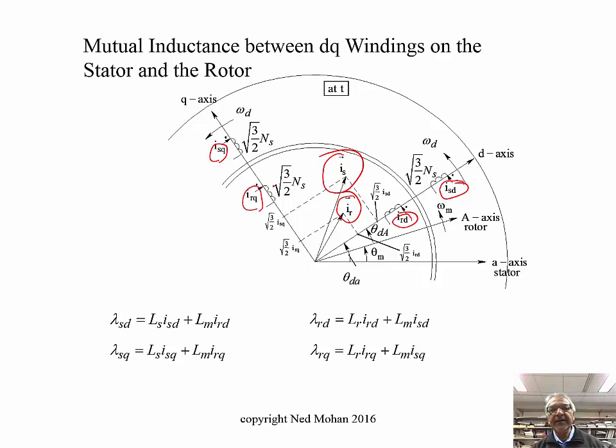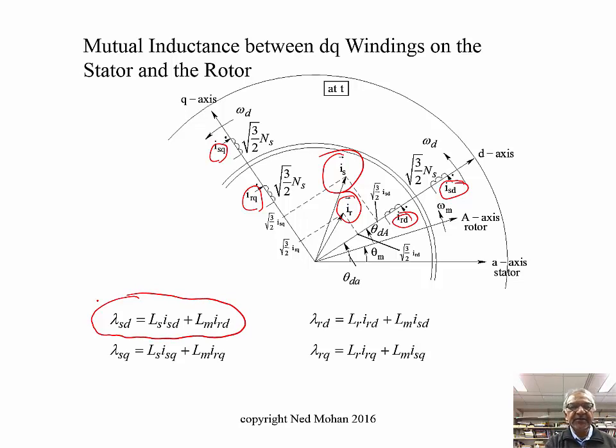Having done this, we can write the flux linkage of these windings just intuitively. It can be done mathematically, it might take one or two pages, but here we can look at it intuitively and concentrate on only one expression, since everything else is very similar.